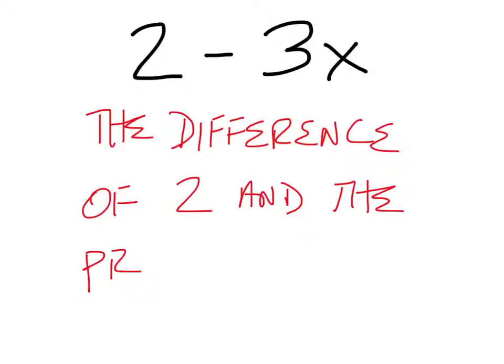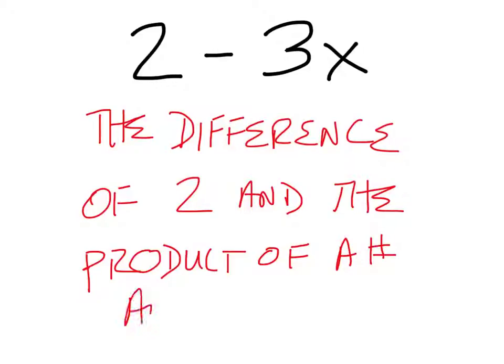Yeah, the difference of 2 and the product of a number and 3. That's right. Now, even though we put of a number first, and that implies x, you always put x second when you're combining it with another number, so it'd be 3x. But he's right, the difference of 2 and the product of a number and 3.